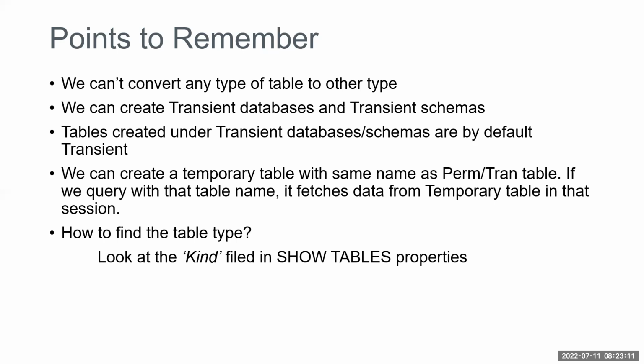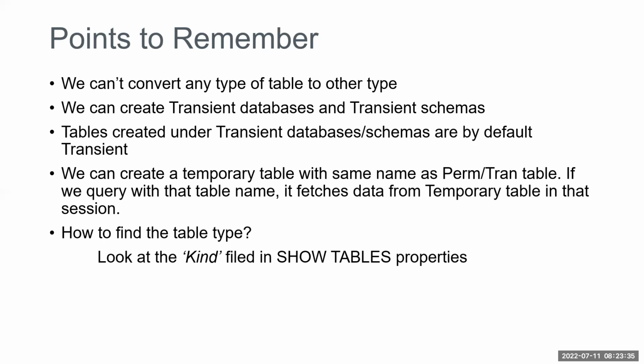But once your session ends, okay, there will be no temporary table. It gets dropped automatically. And next time, whenever you fetch the data, it will come from the permanent table only. So finally, we can create a temporary table with same name as permanent table or transient table. And if we query with that table name, it fetches data from temporary table in that session only.